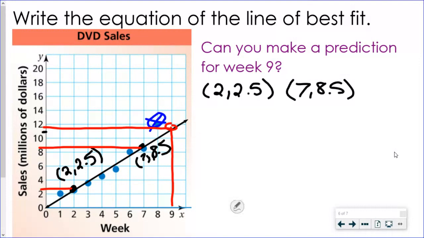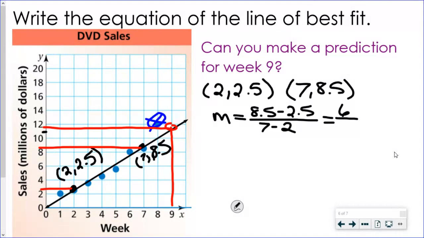And then I would find my slope: 8.5 minus 2.5, y minus y over x minus x. So this is 6 over 5, and it's not reducible. And then I would pick either point. If I use the first point, y minus my y equals my slope times x minus my x.